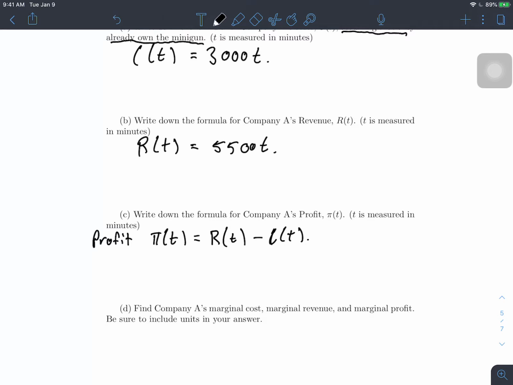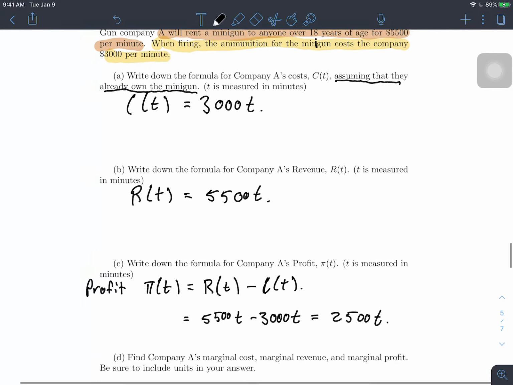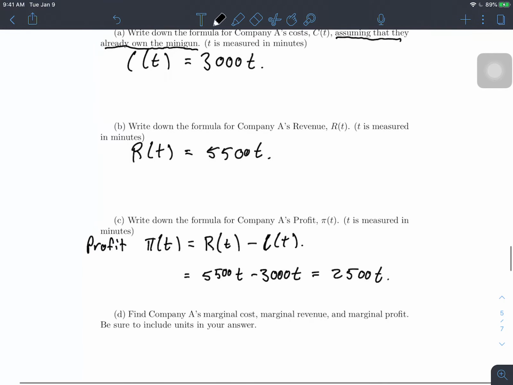So we're just going to go ahead and plug in these formulas. We're going to get 5,500 T minus 3,000 T equals 2,500 T. So the company's making $2,500 per minute off of the person who's renting it.